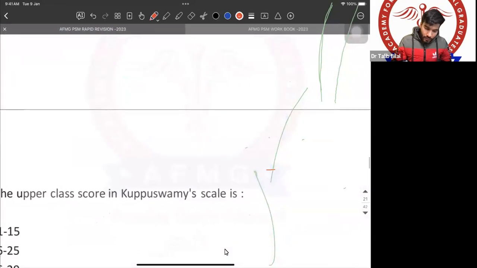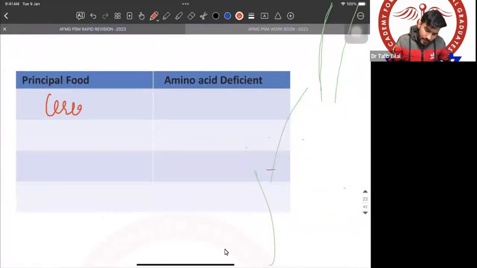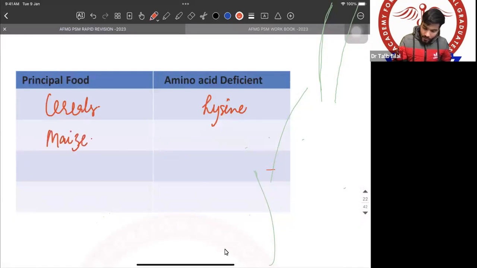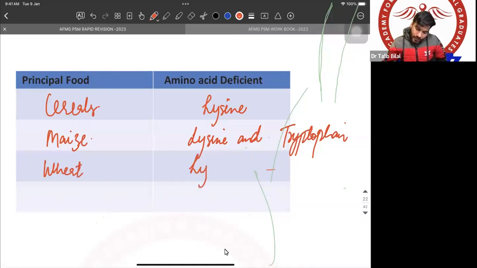Principal foods: cereals are deficient generally in lysine. If I talk about maize, it's lysine and tryptophan. If I talk about wheat, it is lysine and threonine.